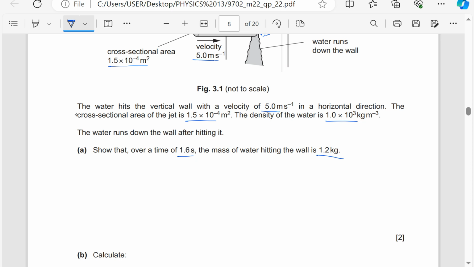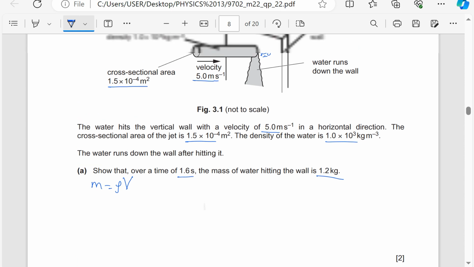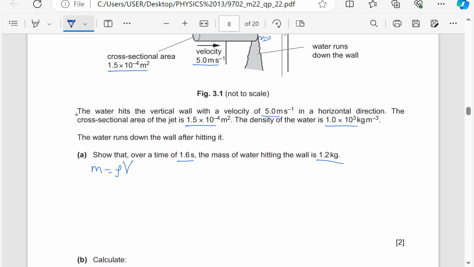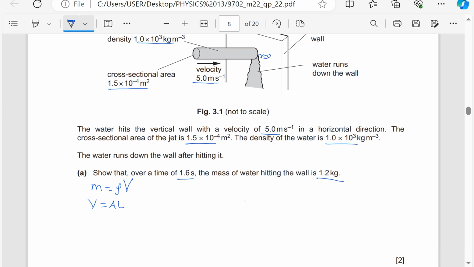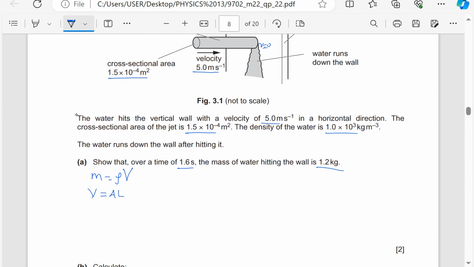So we know first of all that mass is equal to density times the volume. Which volume of water is hitting the wall here? Volume of water hitting the wall is the cross-sectional area times the length of that water. And of course, we have the cross-sectional area, but we don't have a length. We have the speed and we have the time.